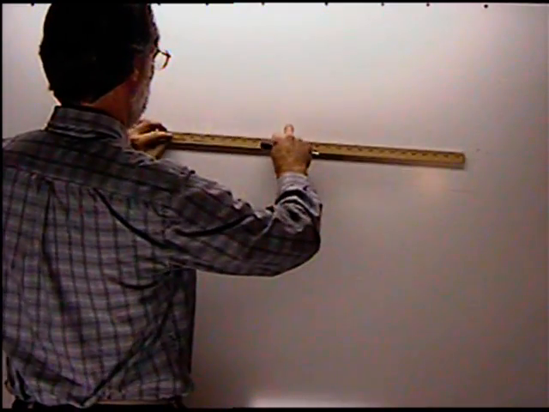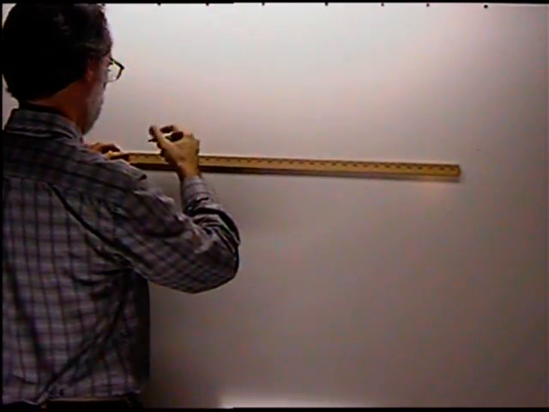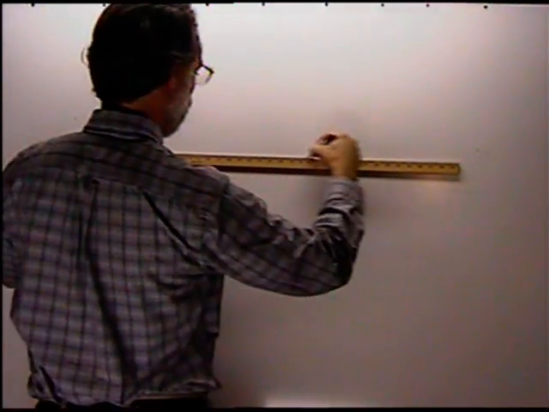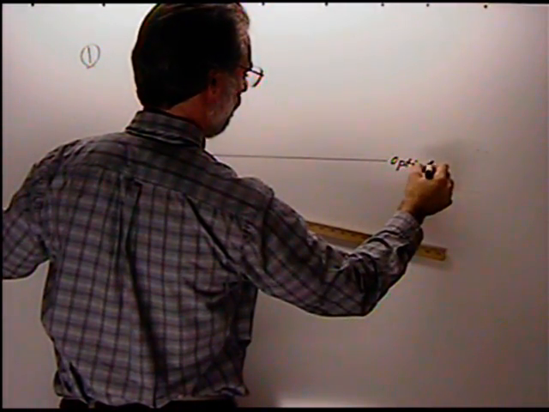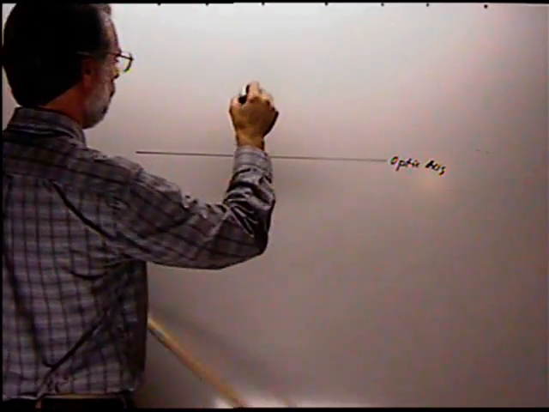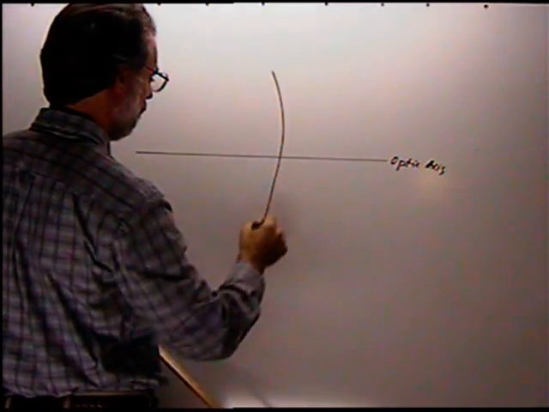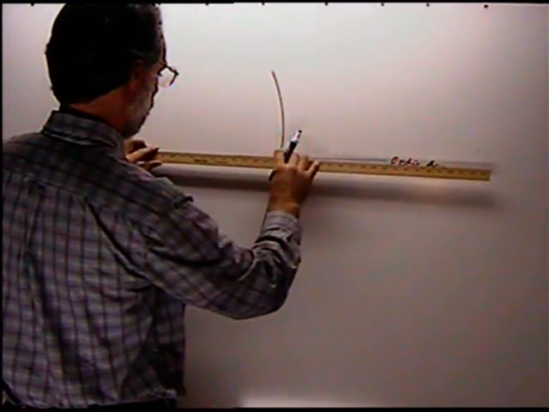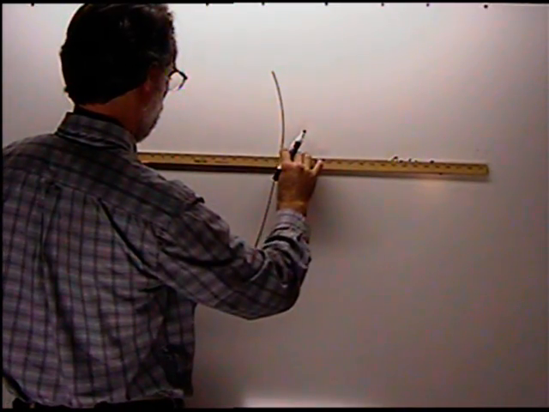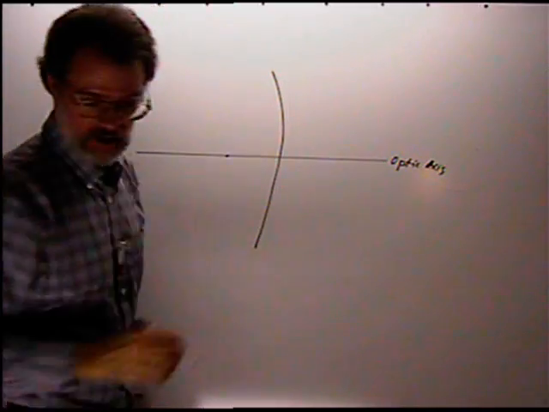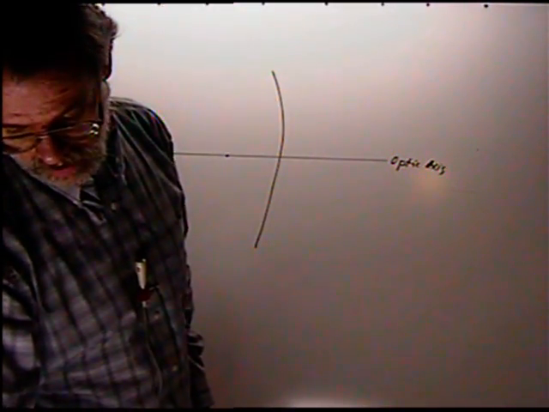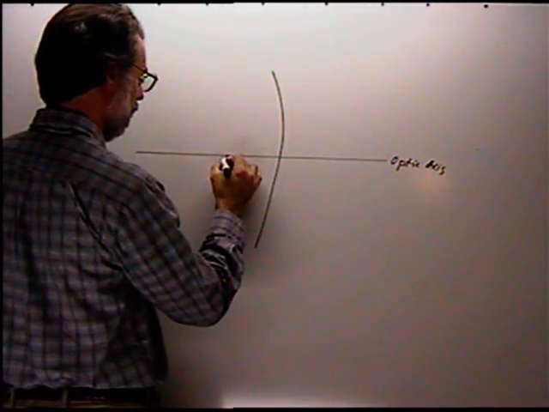We'll draw it like this. The first thing you do is draw the optical axis. Here's your concave mirror, and it has a radius of curvature r of 5.